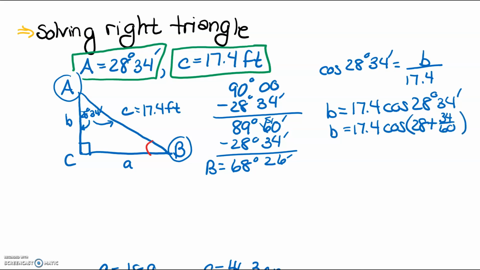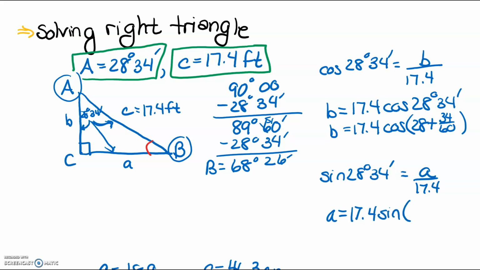Okay, and that's how you'll get your measure for side b. How about for side a? Well, side a is going to be opposite over hypotenuse. So sine of 28 degrees 34 minutes equals little a over 17.4. So little a is going to be 17.4 times the sine of 28 plus 34/60.